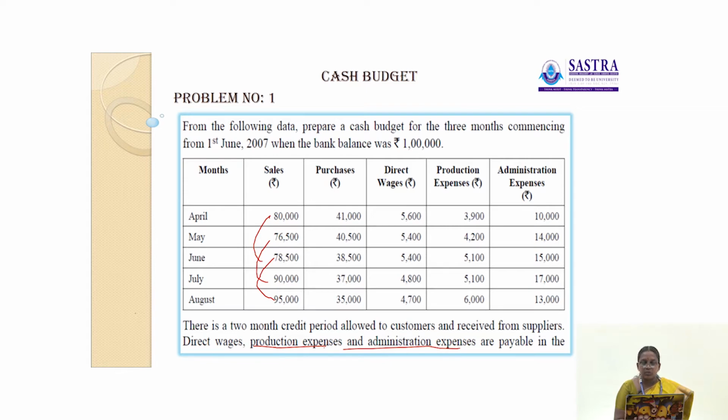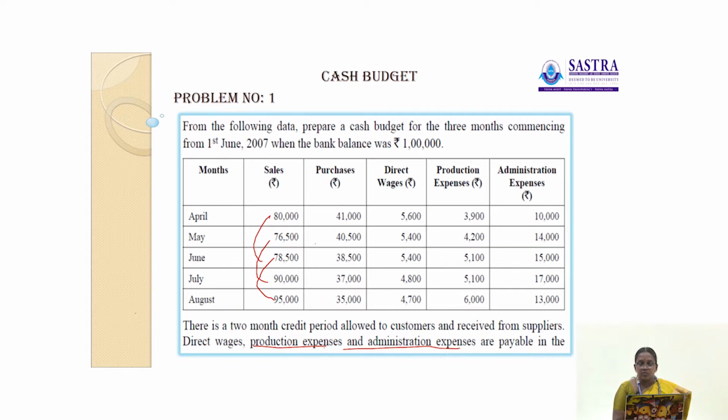Then in the month of June, the sales amount is 78,500, which is receivable in the month of August. Then in the month of July, the sales amount is 90,000, which is receivable in the month of September. Okay, so a 2 months credit period was allowed here.